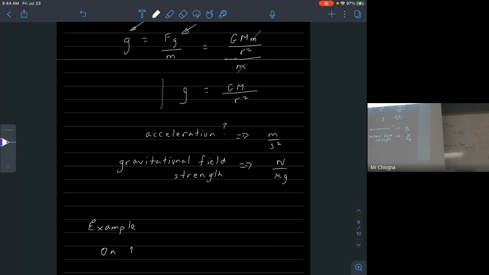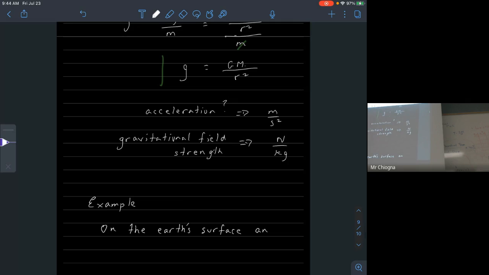Okay, so on the Earth's surface, an object has a weight, that's its FG, of 53.7, and a mass of 5.48.